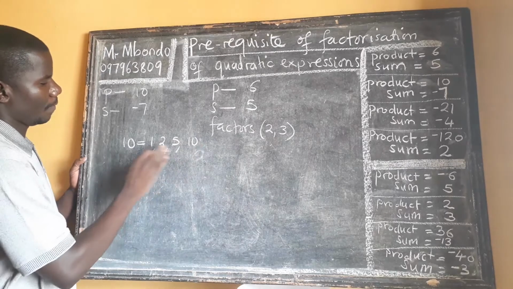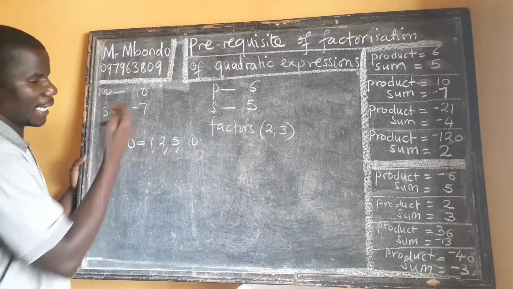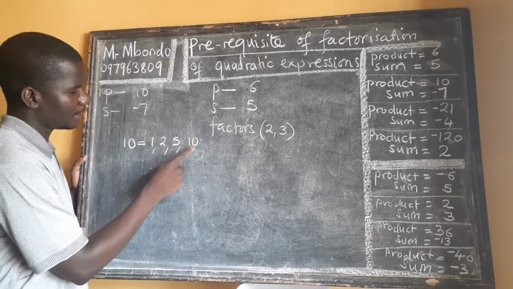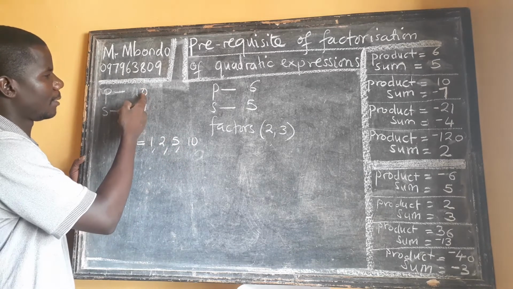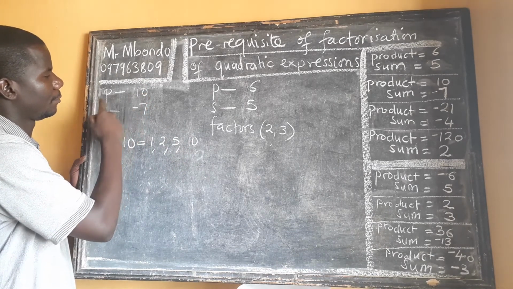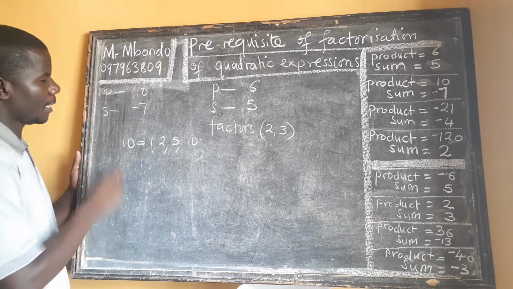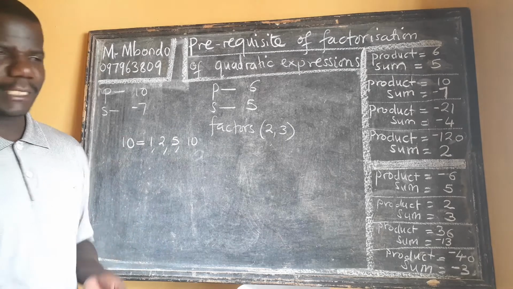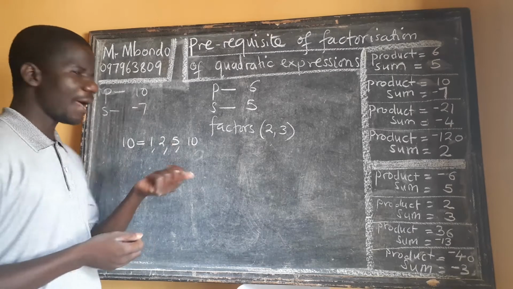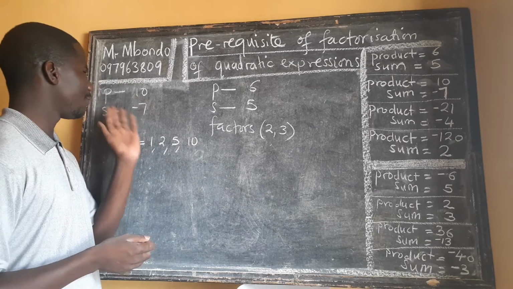So when you multiply 1 by 10 we get 10, and 2 by 5 we get 10. Then the factors that we are getting, when we add them, should give us the sum. Our sum in this case is negative what?